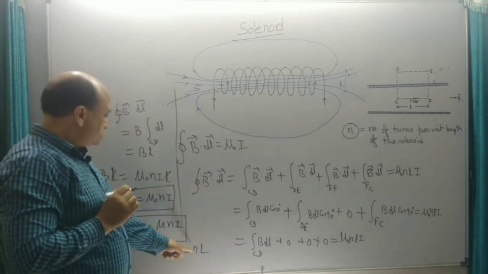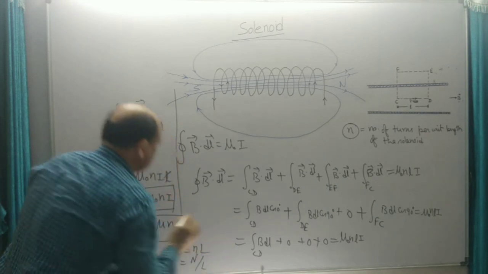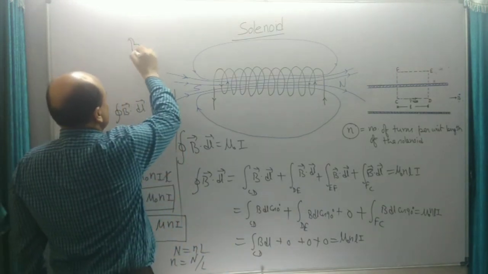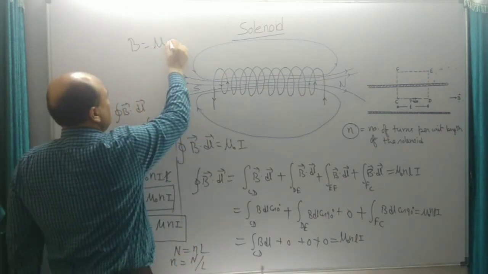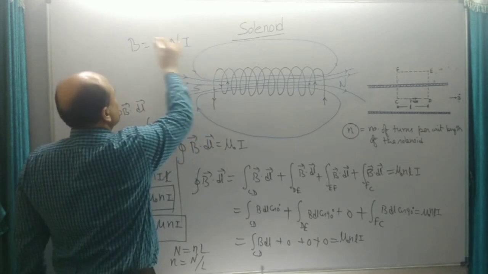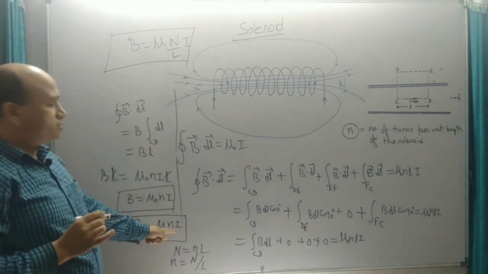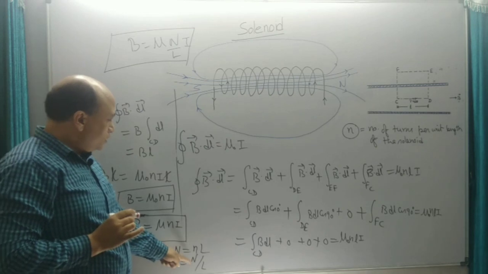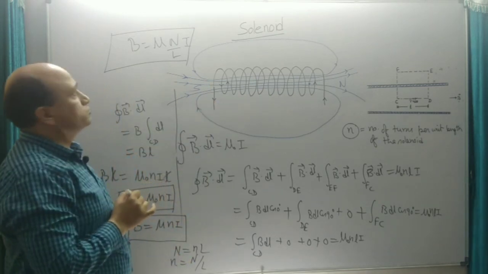So in that case, small n will be equal to capital N by L. So this expression can also be written as B is equal to mu times n replaced by capital N by L, into I. This is another way of expressing the same expression. Small n is capital N by L, the number of turns per unit length of this solenoid. This is all about this topic.